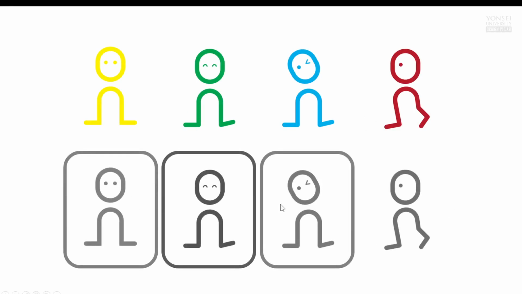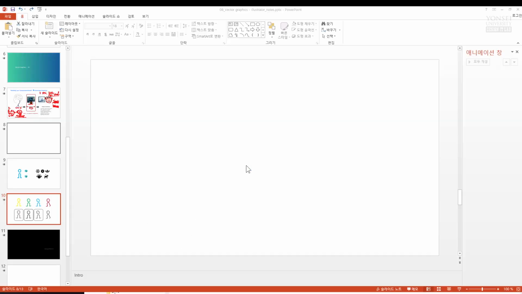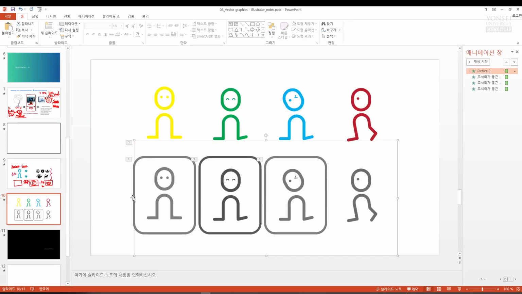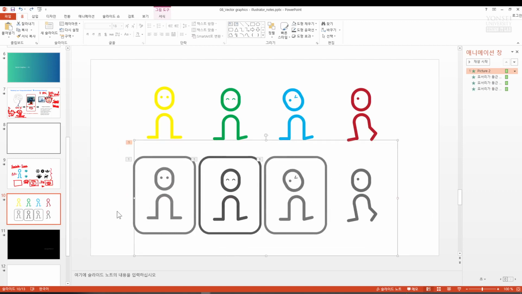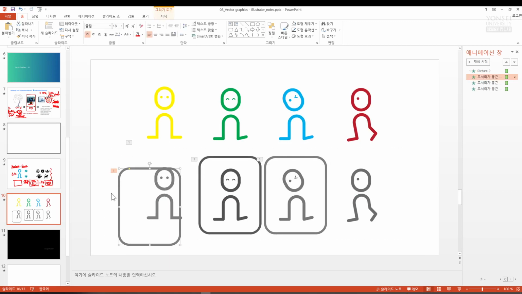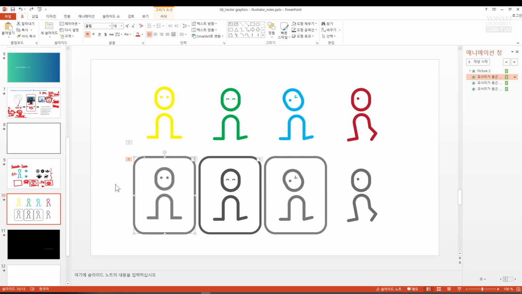How about this one? Exactly the same, but slightly different. How to make this one? Let me show you. Actually, this is the image made by Illustrator in the lab exercise, but this is another object I created by using PowerPoint here.